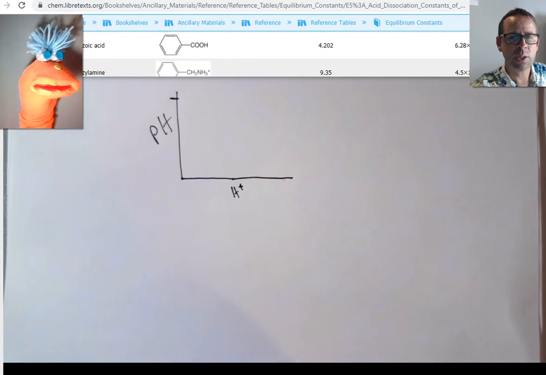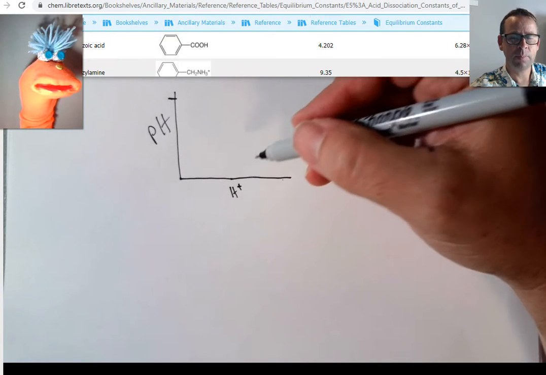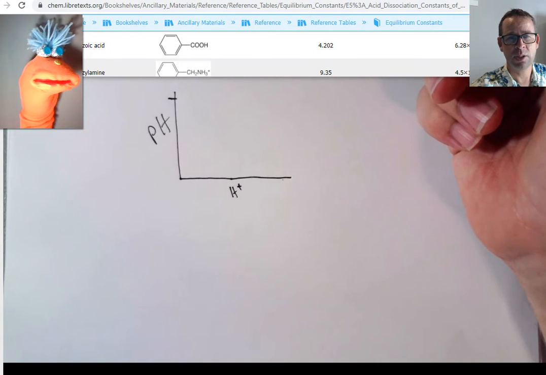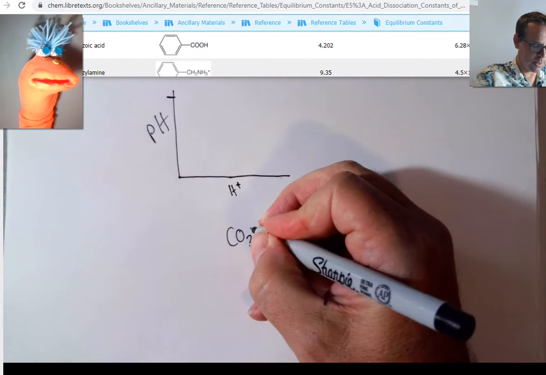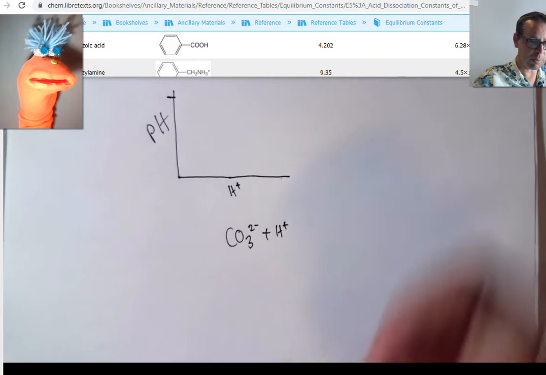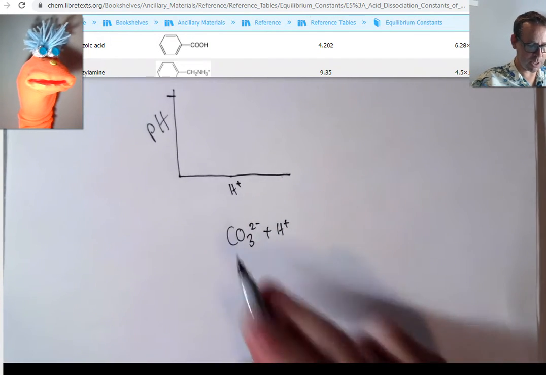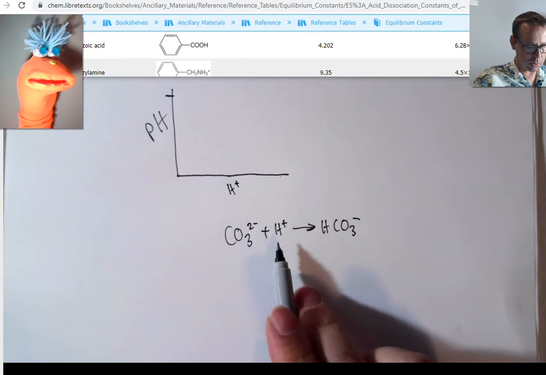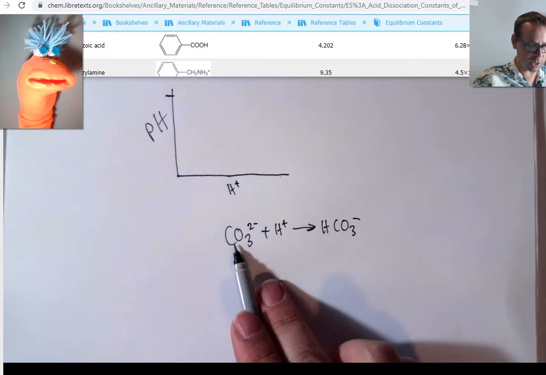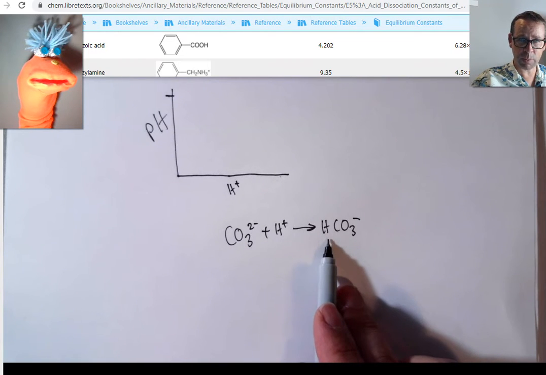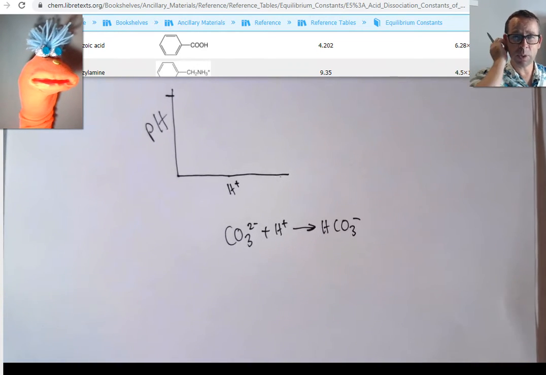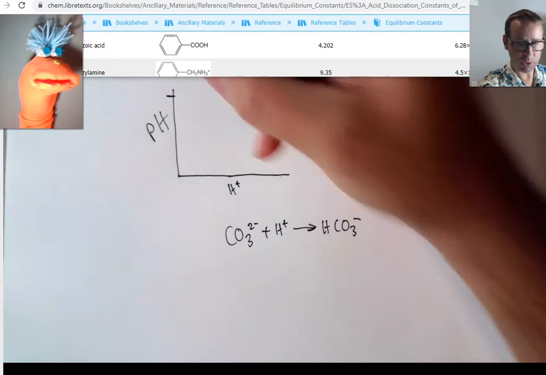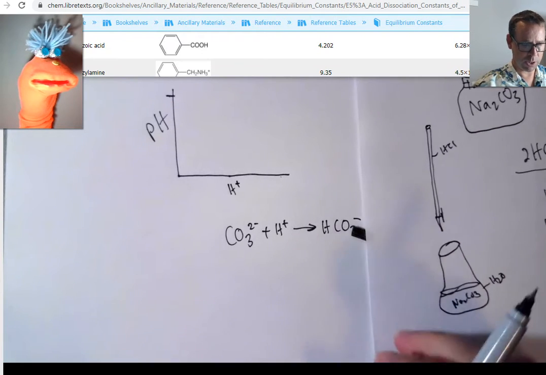And as we add hydrogen ion, the pH initially won't change much because the CO3 2 minus in solution is going to take up the H plus ion, and we're going to get the HCO3 minus. So I keep adding hydrogen ion, but it keeps being consumed by the CO3 2 minus to form the HCO3 minus, and so we don't get a significant pH change, all right? So I add hydrogen ion, but I'm not getting a good pH change. And remember, this is our titration setup here.